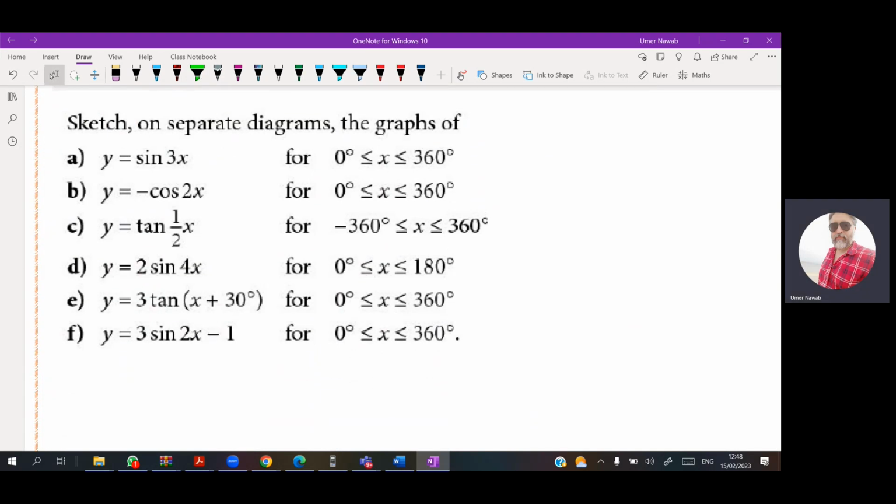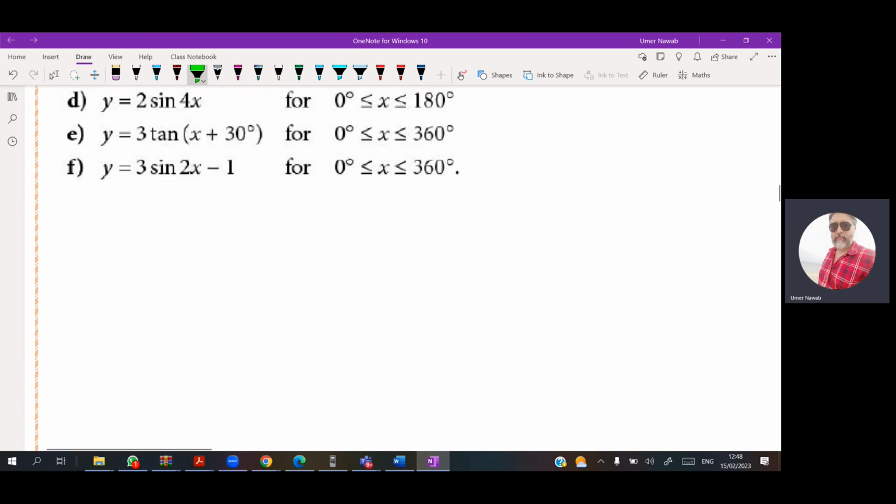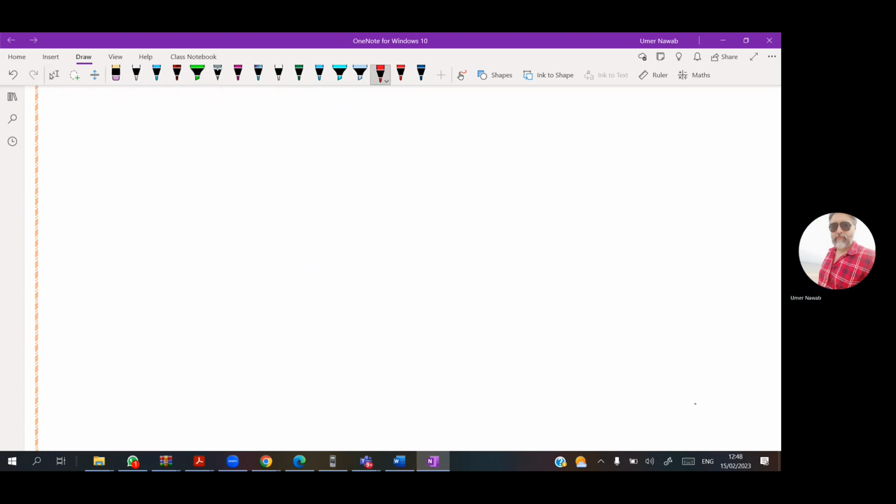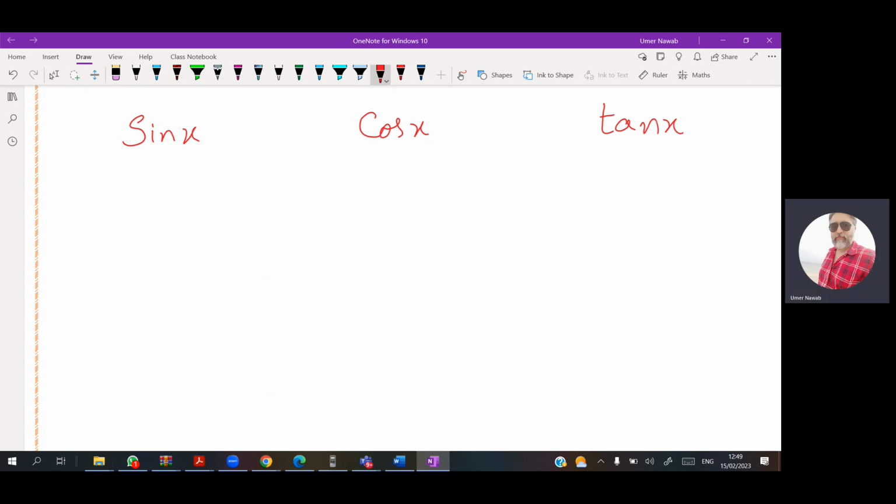Now come to the sketches. In sketches, I need to explain a few important things. You remember the sine graph, the cosine graph, and the tan graph. Anyone who remembers what we discussed in class: a sine graph has a very important thing, which is called a period.